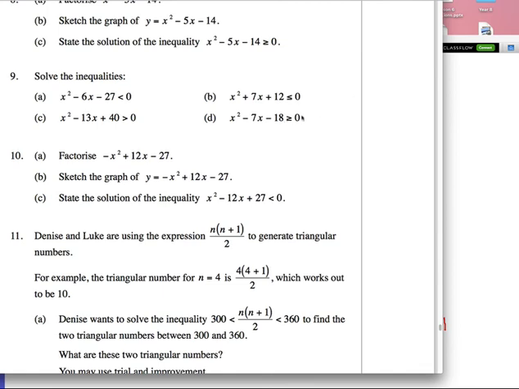So you're going to find out the roots and find out the inequality. Watch out for the signs. This I would recommend. Factorize it if you wish, but multiply it by minus 1 if you want to sketch it, and state the solutions of the inequality. I don't even understand why they decided to change that about.